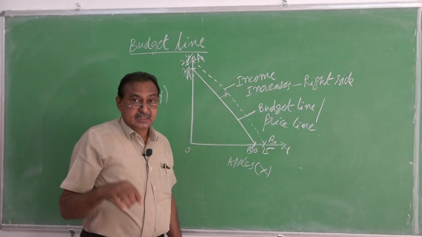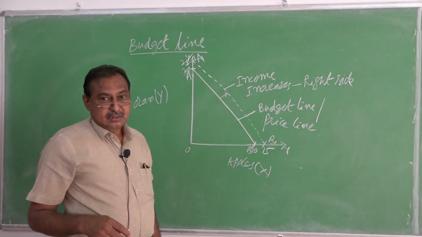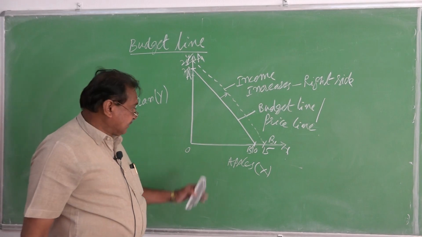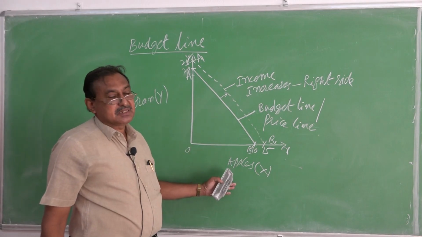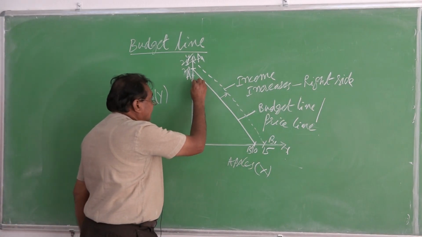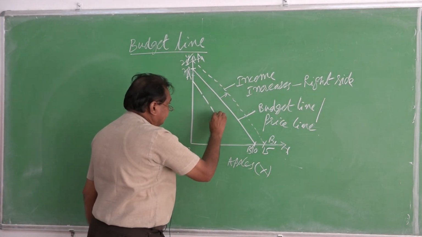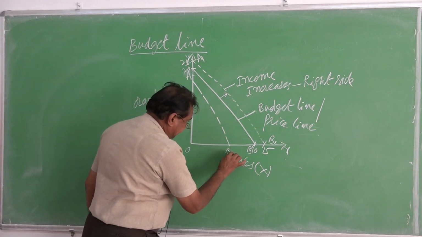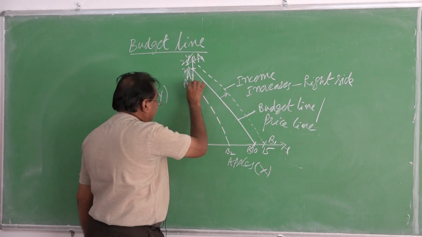If income decreases, in place of 100 rupees you have only 50 rupees, you can purchase a smaller quantity of apples and oranges. It will shift towards the left. This is B2 and here it is A2.